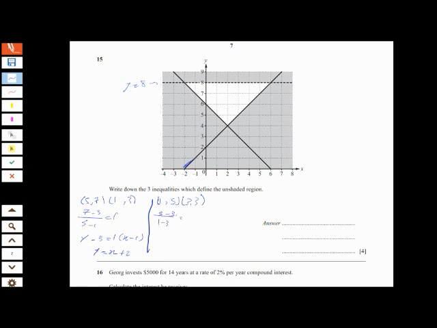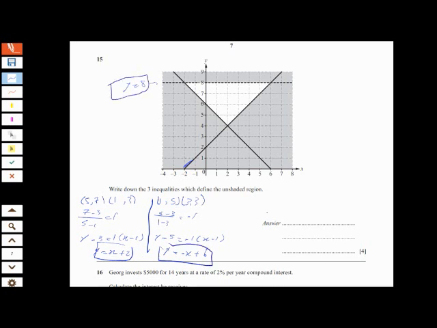That would equal minus 1. y minus 5 equals minus 1 times x minus 1. That simplifies to y equals negative x plus 6. So now we have the 3 equations, this one, this, and that.